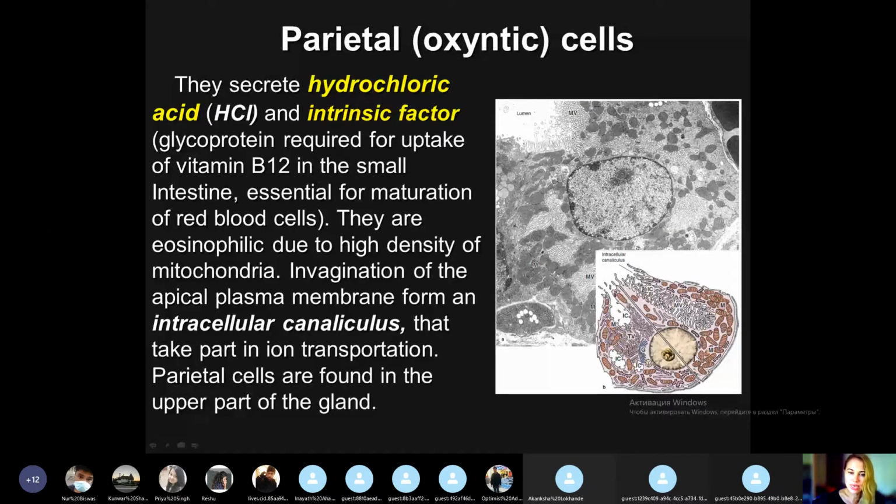So the hydrochloric acid is composed of two ions, hydrogen and chloride. Thus the transport of these ions takes place in the intracellular canaliculus, and with the help of the proton pumps, it is released on the surface of the cells where it binds with the chloride ions and becomes the hydrochloric acid.